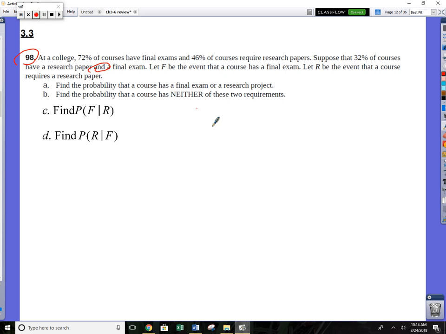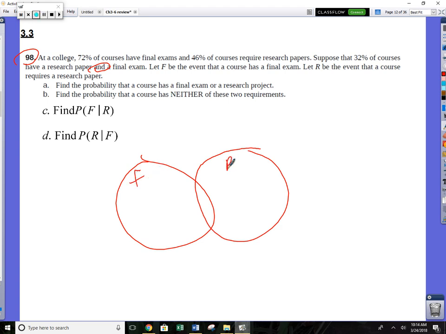Alright, so now check it out. This one's cool. Let's do both. Let's do a Venn diagram. So final and research. And you can do a Venn diagram because I know this. I know the intersection. 32% of the courses have both. Should have written bigger. Okay, 32% have both. 72% have a final. So I'm going to do my 72%, subtract my 32%.